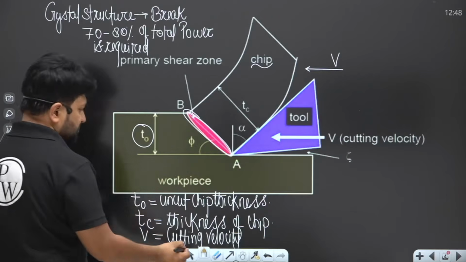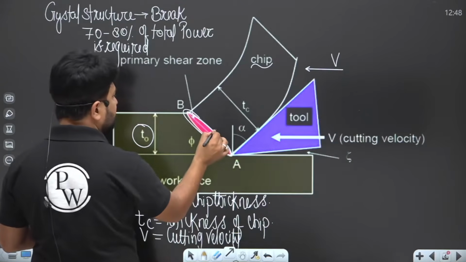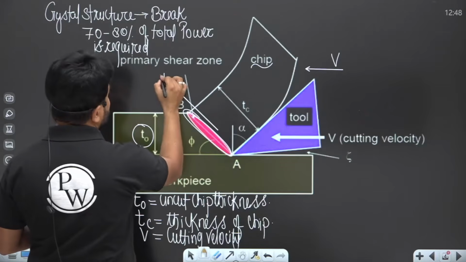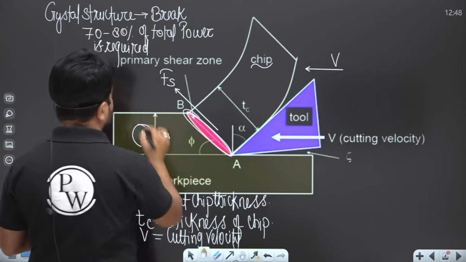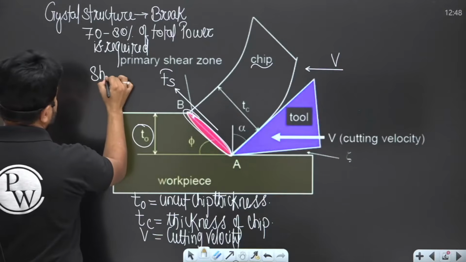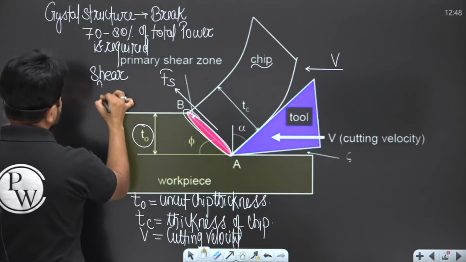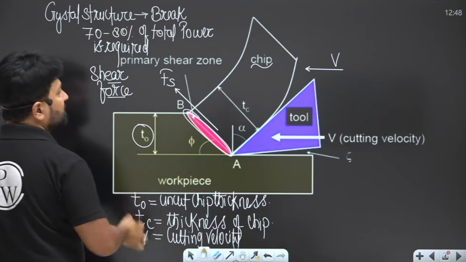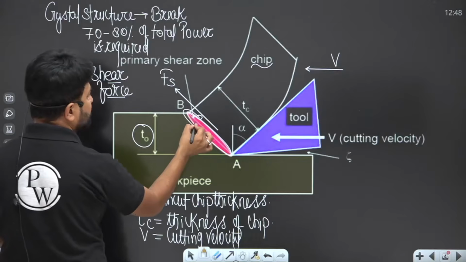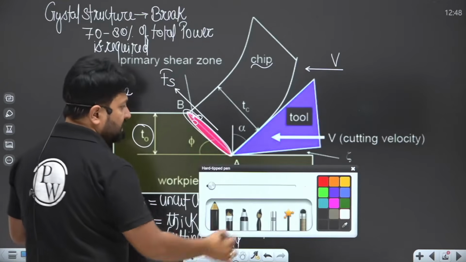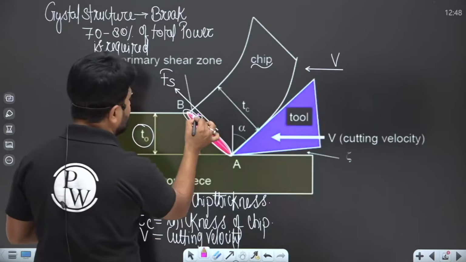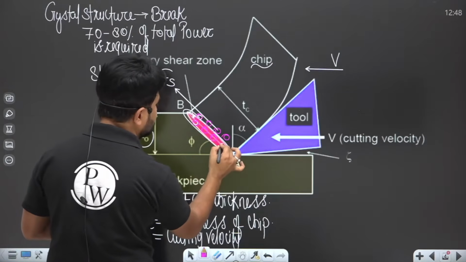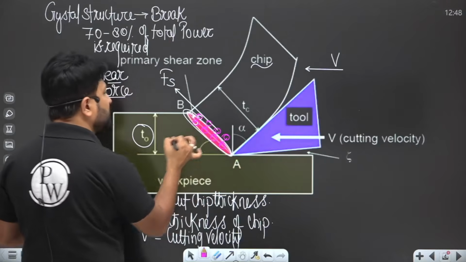Now this crystal structure is going to break because in this crystal structure a force, that is what? A shear force is acting in that zone, and because of that, whatever the crystal structure is, it is going to break.